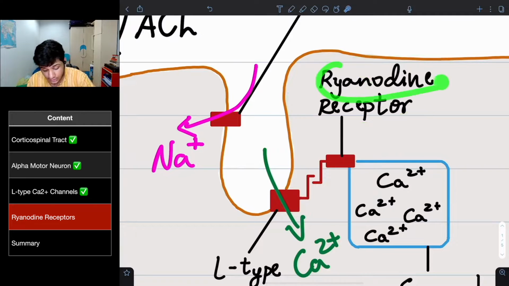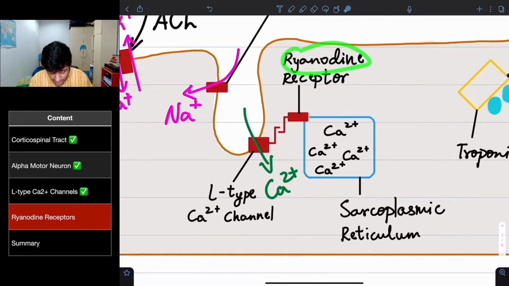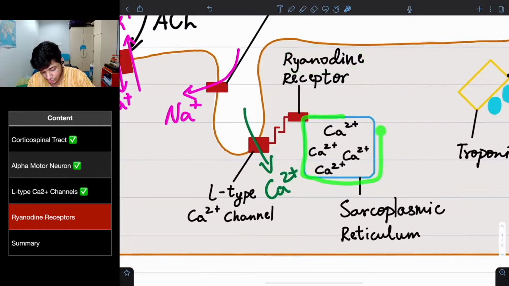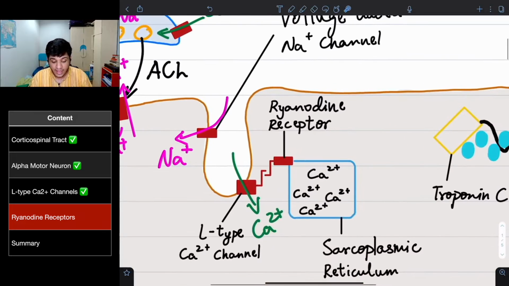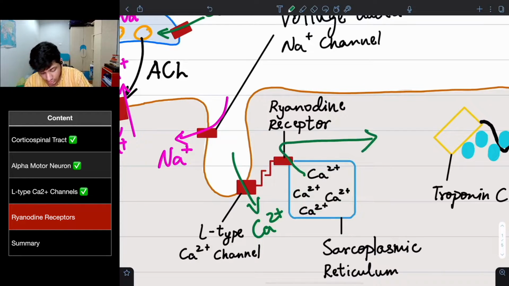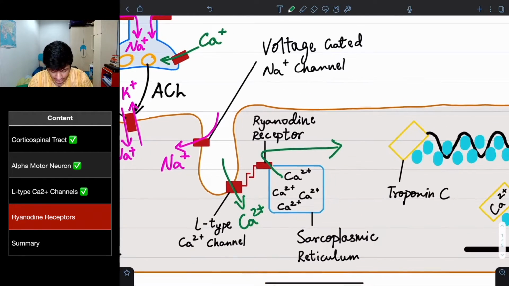So what is this ryanodine receptor? This receptor is attached to the sarcoplasmic reticulum of the skeletal muscle, okay? And because of this mechanical interaction, this allows calcium ions inside the sarcoplasmic reticulum to move into the cytoplasm of the skeletal muscle.